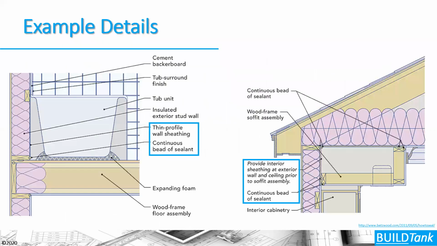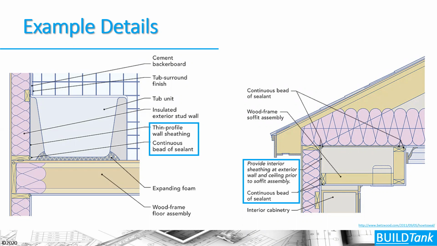Air sealing details arise from Table R402.2.2, I believe, something like that. Anyways, the air sealing and insulation table in the code. And this table says, in essence, that we need air sealing details where the continuity of our air barrier is broken.